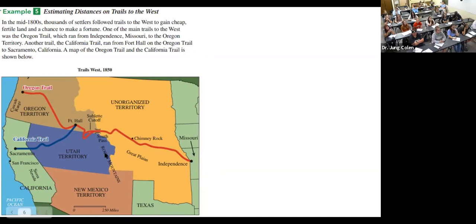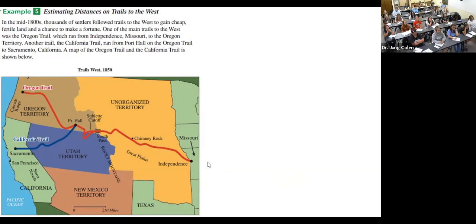In the mid-1800s, thousands of settlers followed the trails to the west to gain cheap, fertile land and a chance to make a fortune. You all know that. This is history, so this is a good way for you to integrate the subject. When you're doing history, you can see the map there. One of the main trails to the west was the Oregon Trail. The red one here, starting from Missouri, went all the way to Oregon.